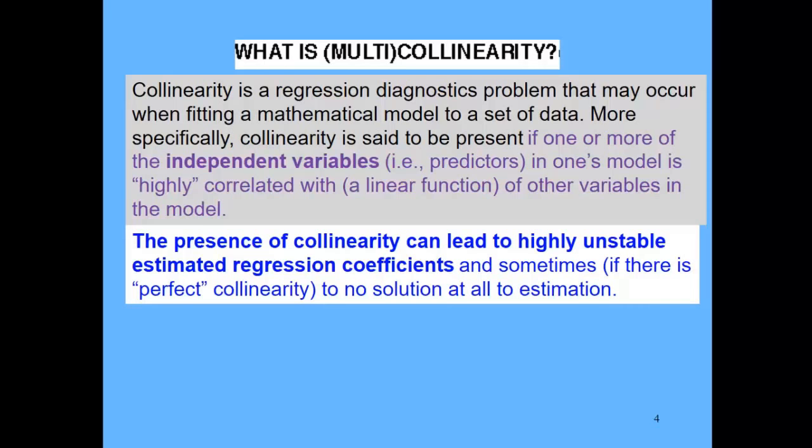But what's another way of saying an estimate's unstable? High variance, right? It's very variable. The variability of the estimate is high. Well, that may happen simply because you have collinearity. You might not get a high variance if you didn't have collinearity.